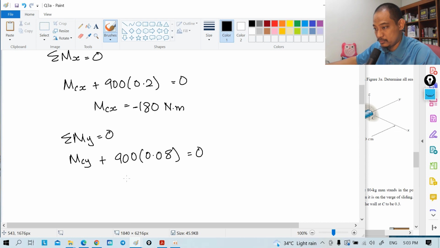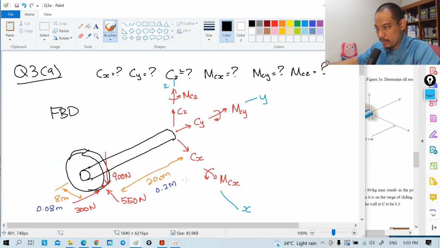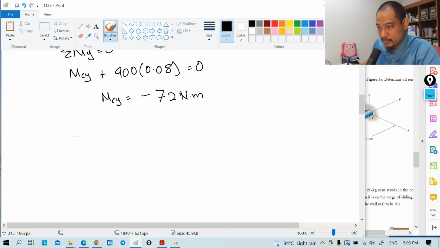So MCY equals negative 900 times 0.08, which is negative 72 Newton meter.